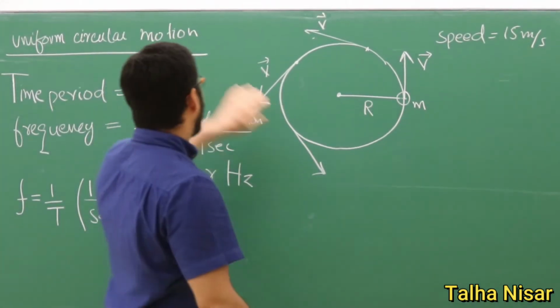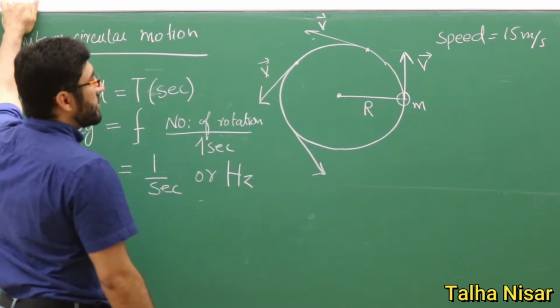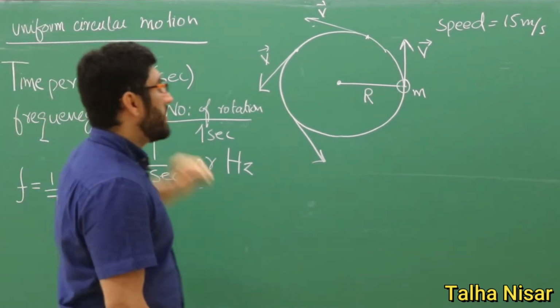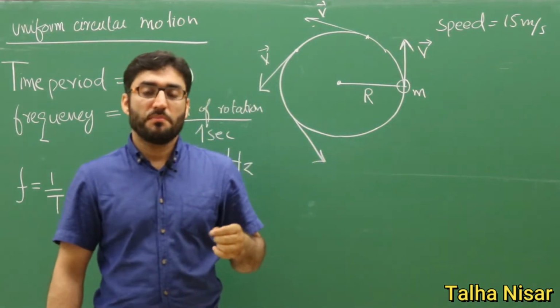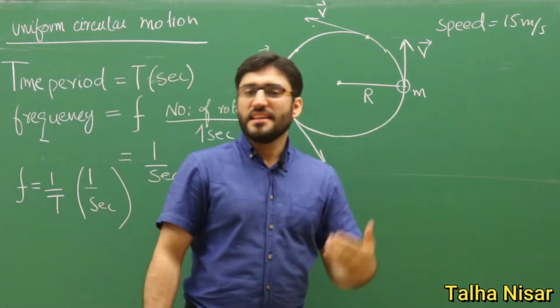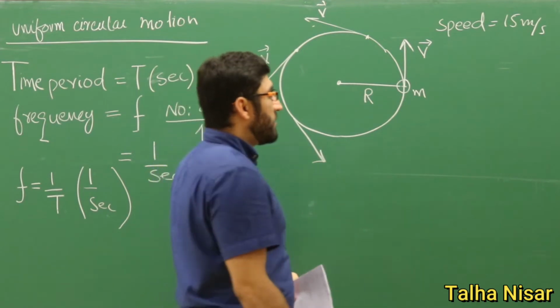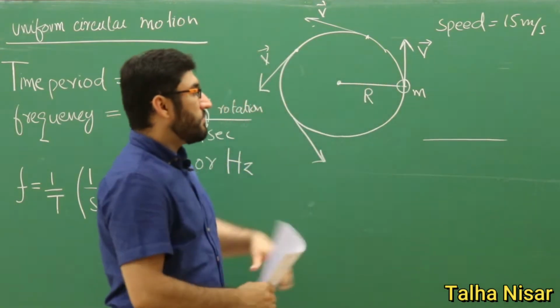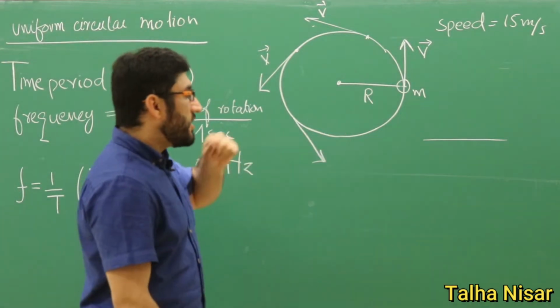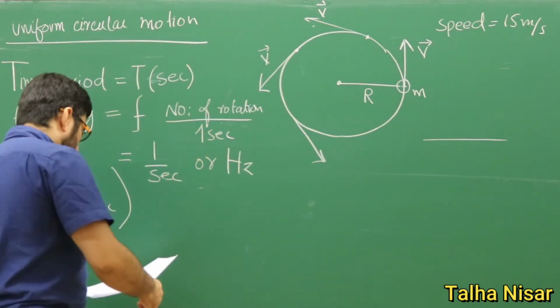Now since we are talking about circular motion, everything will be circular here. The velocity that we talked about in our previous lectures was the linear velocity. That means that everything was moving in either a straight path or not a circular path. But here we will talk about the circular velocity.